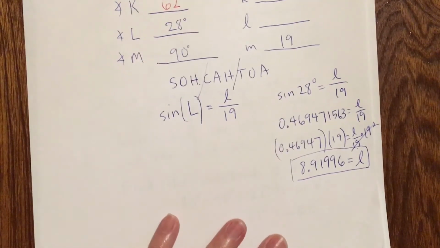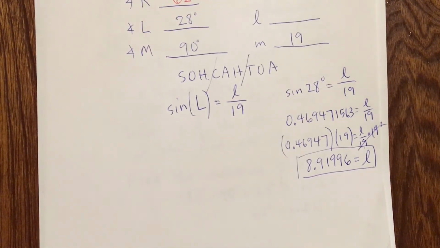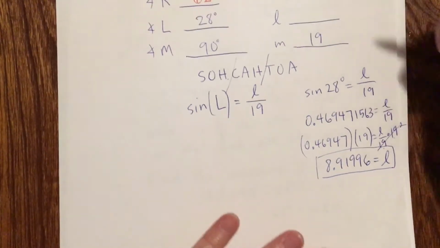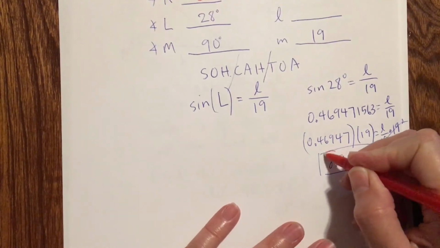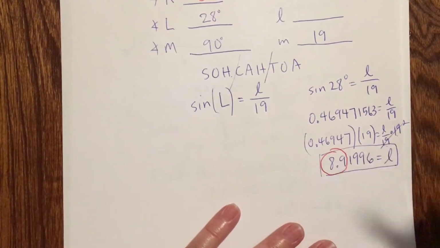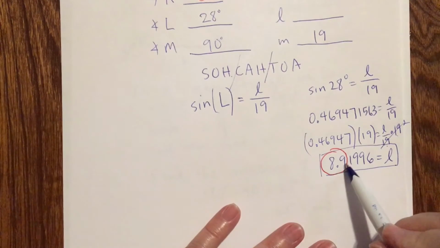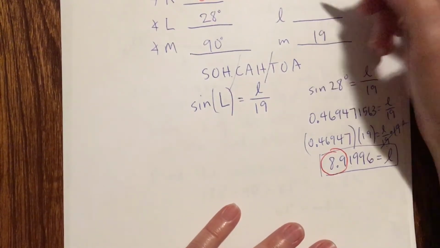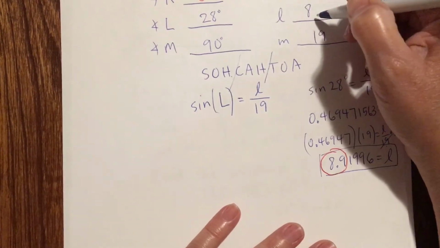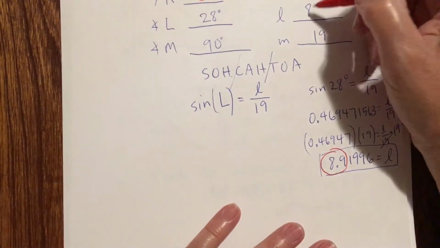Pay attention to what the directions are asking you to round to. From what I saw on a video, 1 decimal place is enough. And behind the 9, there's a 1. I can just drop it off. So L is 8.9.